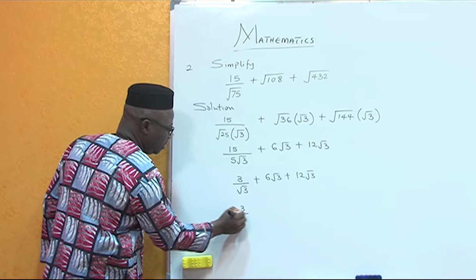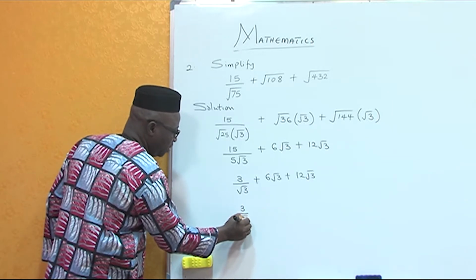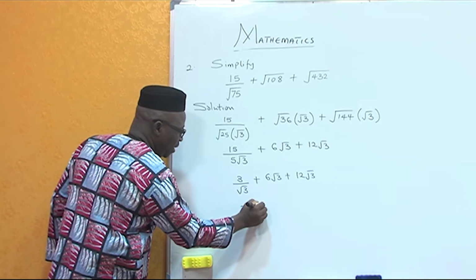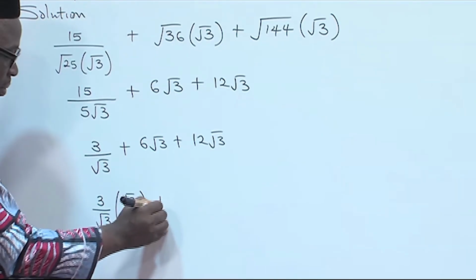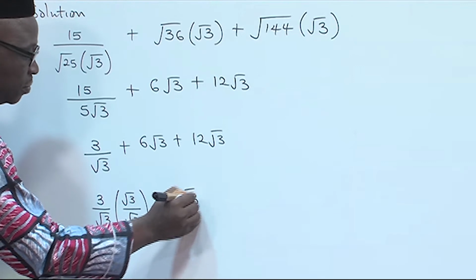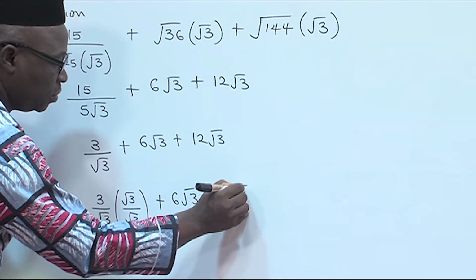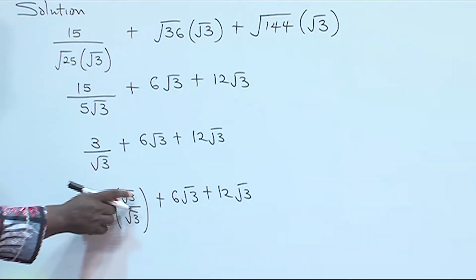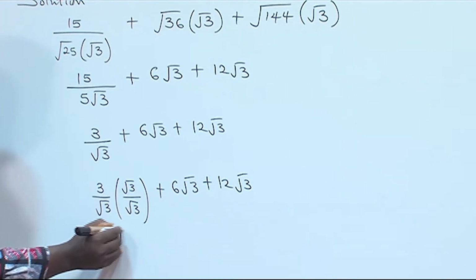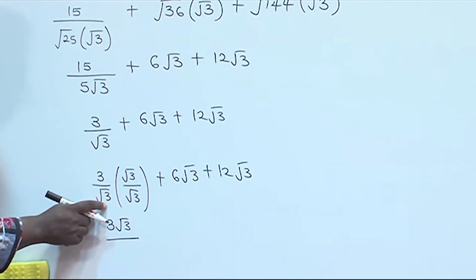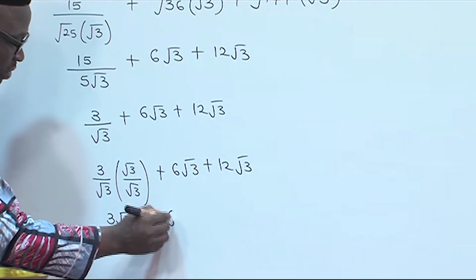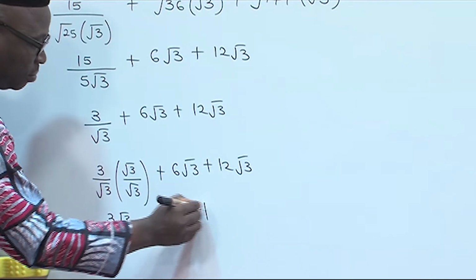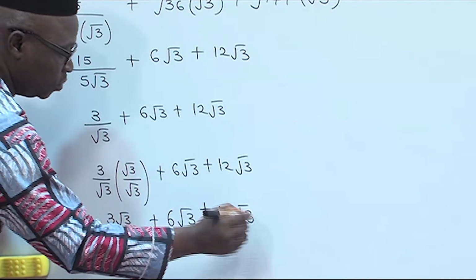So this will be 3 over root 3 multiplied by root 3 over root 3 again, then plus 6 root 3 plus 12 root 3. This multiplied by this will be 3 root 3 divided by root 3 times root 3, which is 3. Then plus 6 root 3 plus 12 root 3.